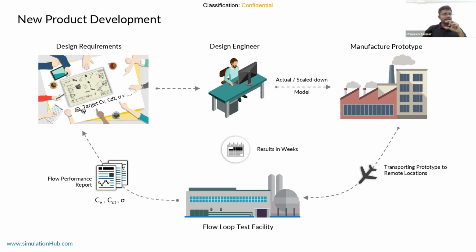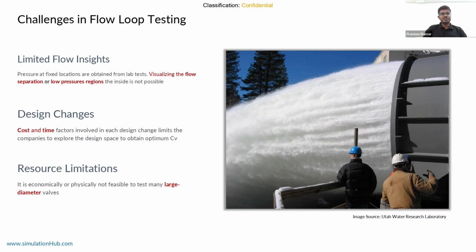But there is a catch here. Let's say you couldn't meet the expected design target values, but on what basis are you going to change the design, where are you going to change the design? You do not have much flow insight. From the lab results, you will get the final values, but you do not know what needs to be done, where the changes need to be made, where the actual low pressure regions are, where it is cavitating exactly.